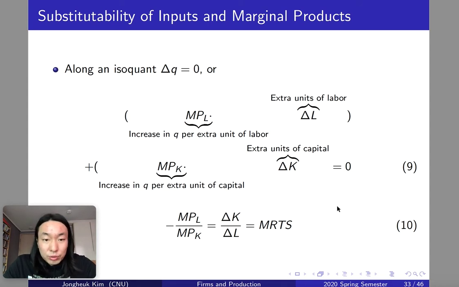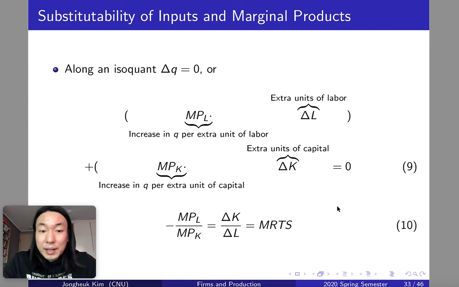And we can introduce one more concept, marginal product. I assume that many of you will already be familiar with that concept. The marginal product of labor means the additional amount of output contributed by the extra increase of one input.